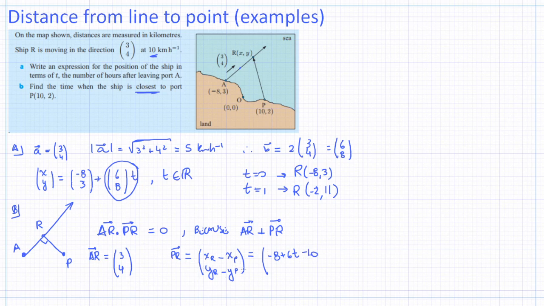Now the second one here, y of R is our coordinate here of point R. So 3 plus 8t. Minus yP, so minus the y coordinate of point P, which is 2. There we go.